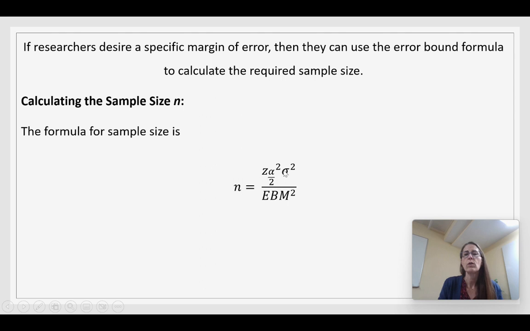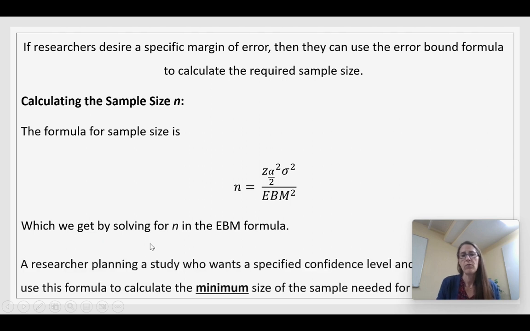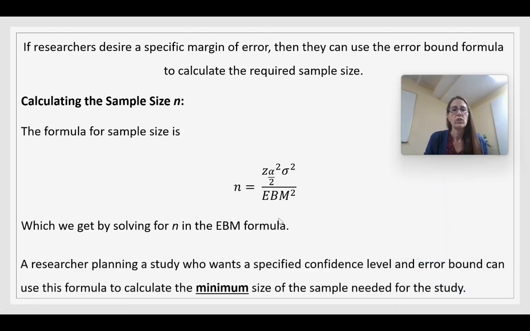Now multiply the z-score times sigma, divide by EBM, square the whole thing. Because everything's being squared, you can do the multiplication and division first and then square. We get this by solving for n in the EBM formula. So a researcher planning a study who wants a specified confidence level and error bound can use this formula to calculate the minimum size of the sample needed for the study.